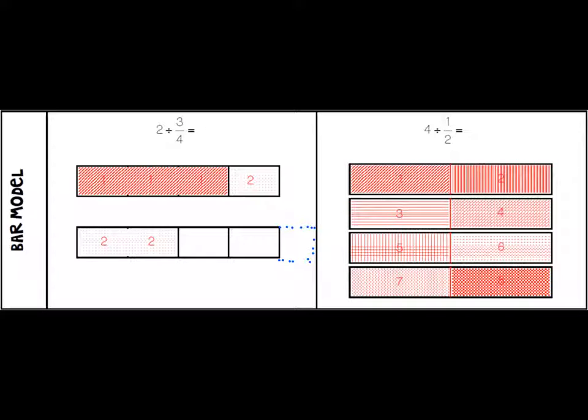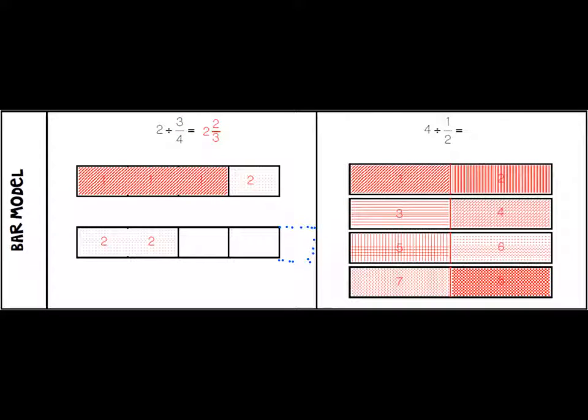So there's 2 left over, that's the remainder, out of how many altogether? Well, that's 3. So our answer to 2 divided by 3/4 would be 2 wholes, and then we have 2 left over out of 3 in each group.